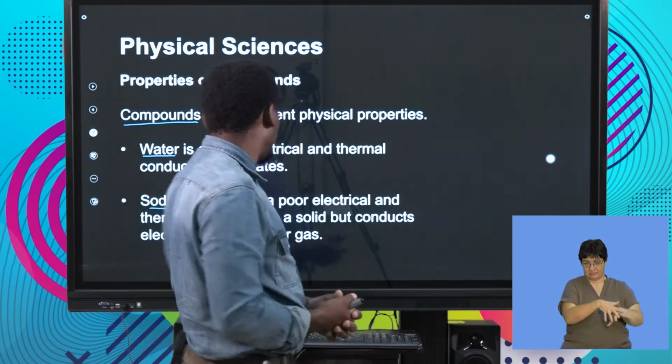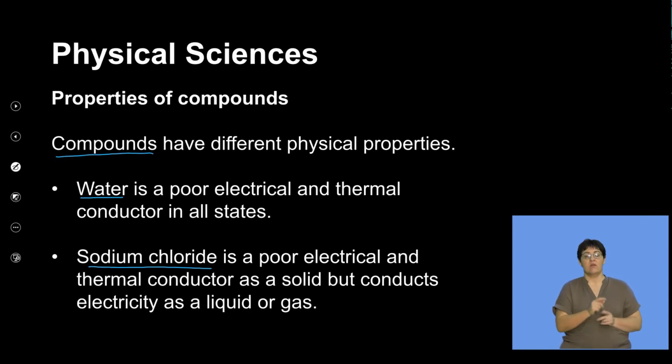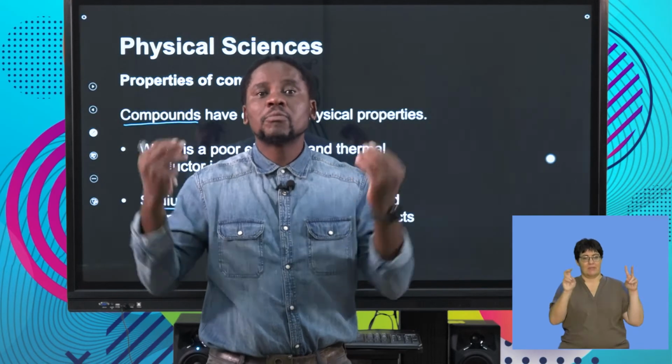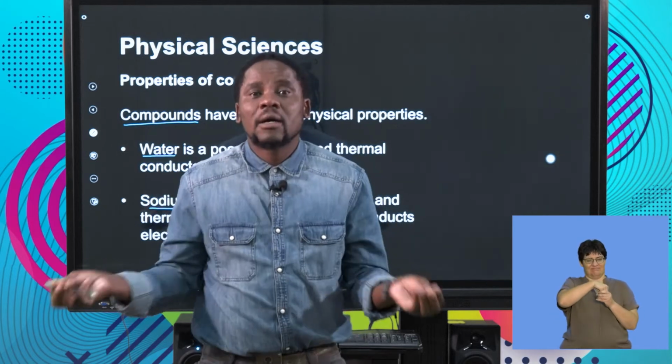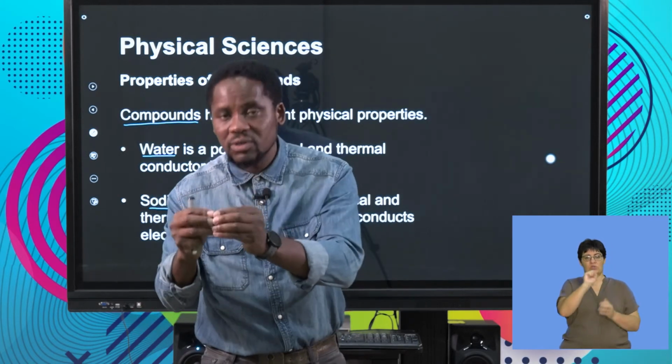A compound, right? So water is a poor electrical and thermal conductor in all states, be it solid, liquid, or gas, while sodium chloride is a poor electrical and thermal conductor as a solid, but conducts electricity as a liquid or gas, because this has entirely to do with the composition or makeup of sodium chloride, which distinguishes it from water.